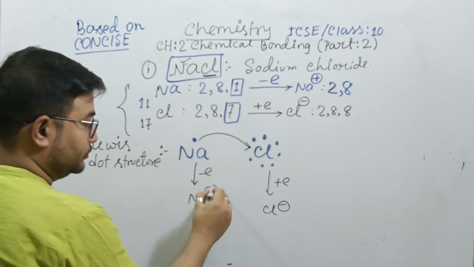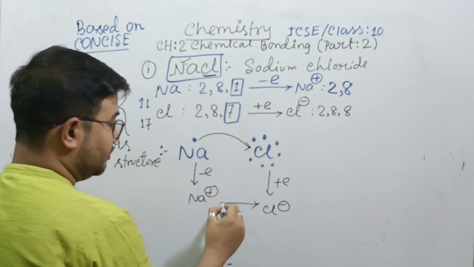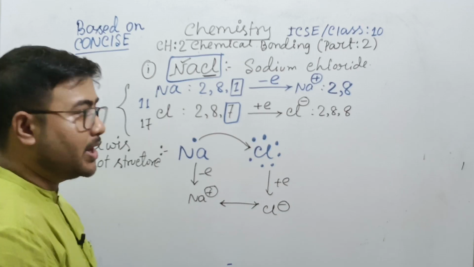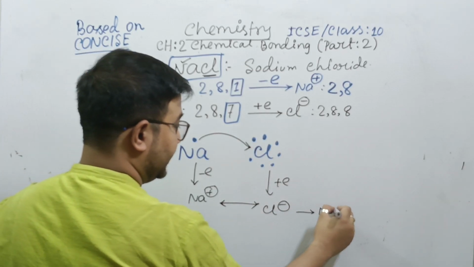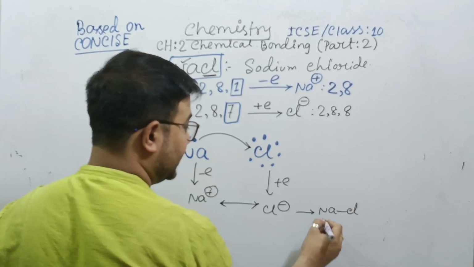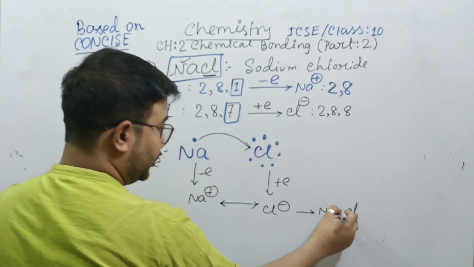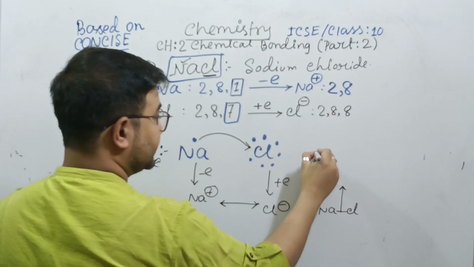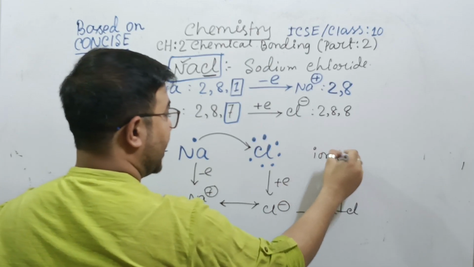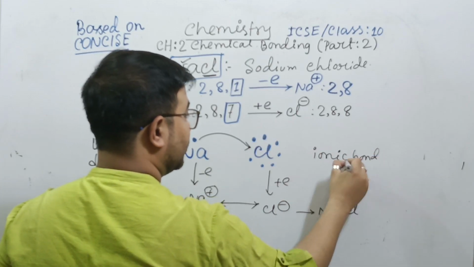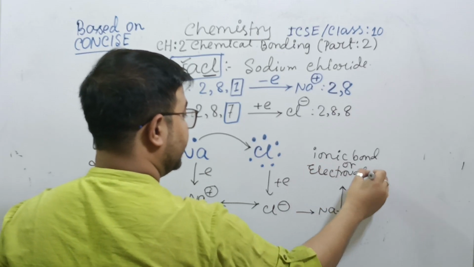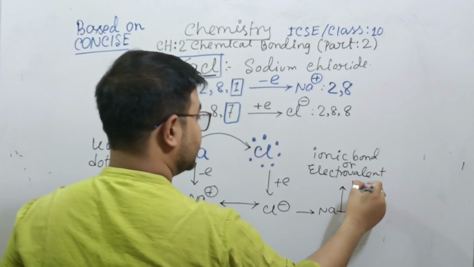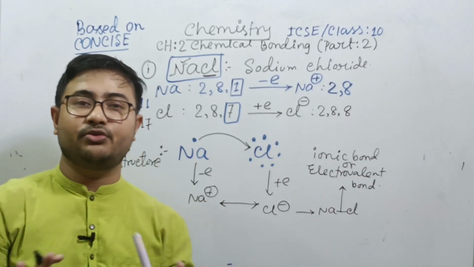These two ions will come close to each other by Coulombic force of attraction and form the NaCl compound, Na bonded to Cl. This bond is known as ionic bond or electrovalent bond. So this is the full concept about NaCl.